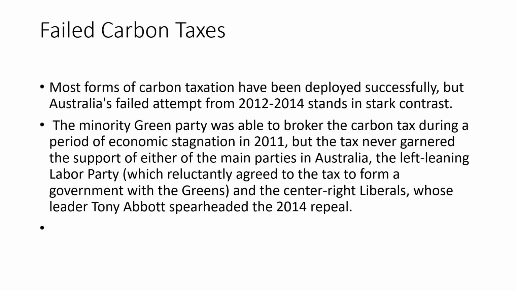The minority Green Party was able to broker the carbon tax during a period of economic stagnation which occurred in 2011, but the tax never garnered the support of either of the main two parties in Australia, which is the left-leaning Labour Party and the centre-right Liberals.